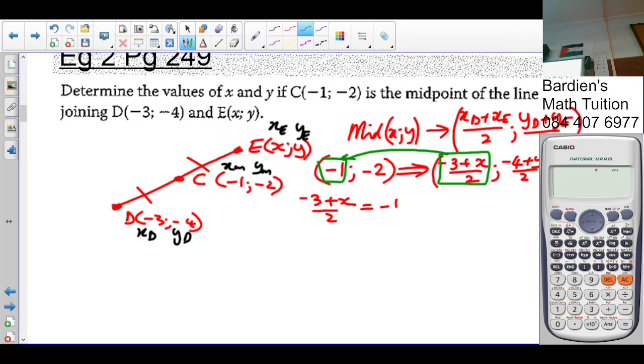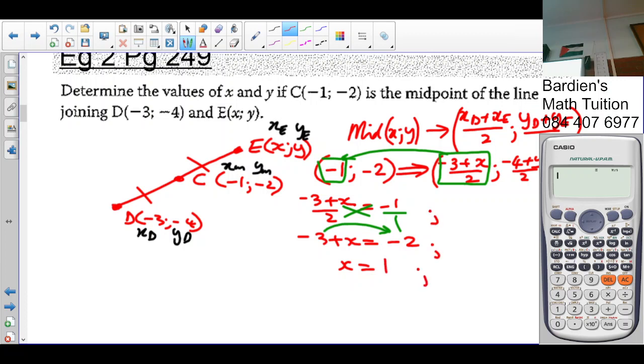So what do I do now? Cross multiply. Negative 3 plus x equals 2 times negative 1, negative 2. So x is equal to, take it over the equal sign, negative 2 plus 3, which is 1.